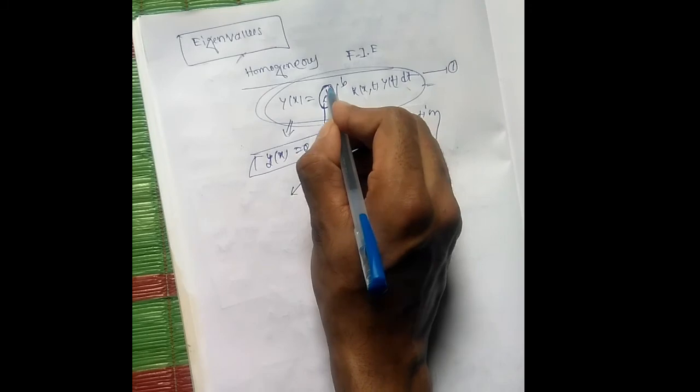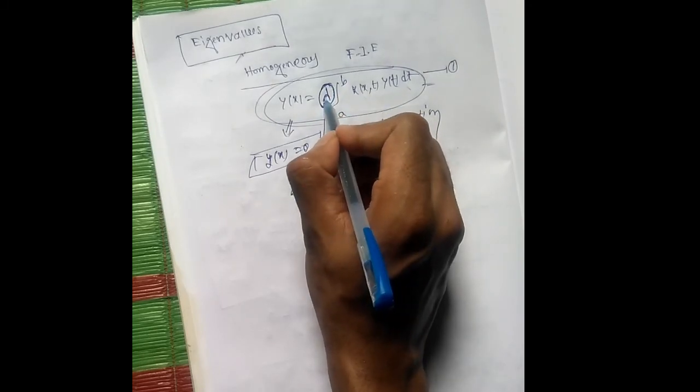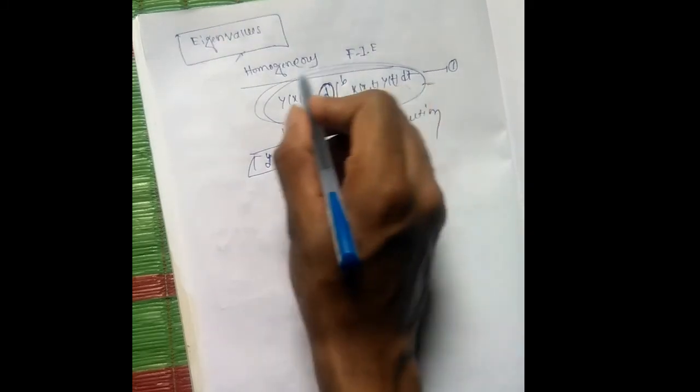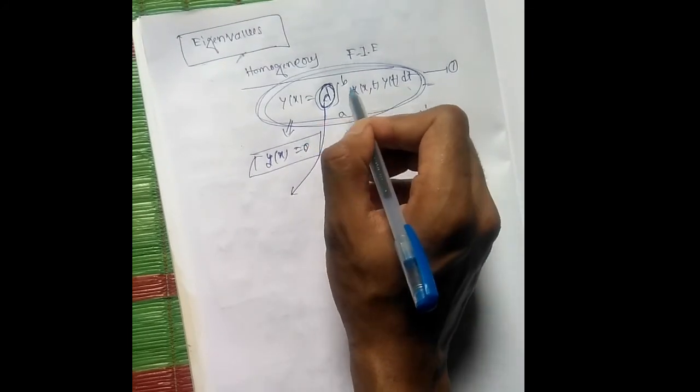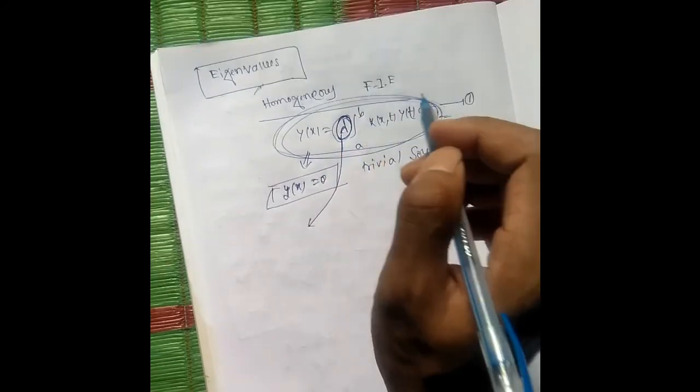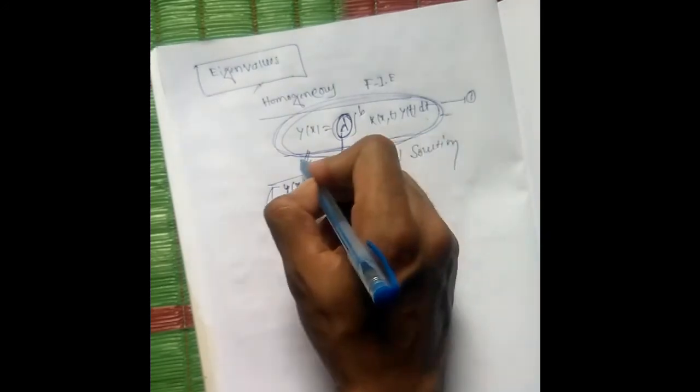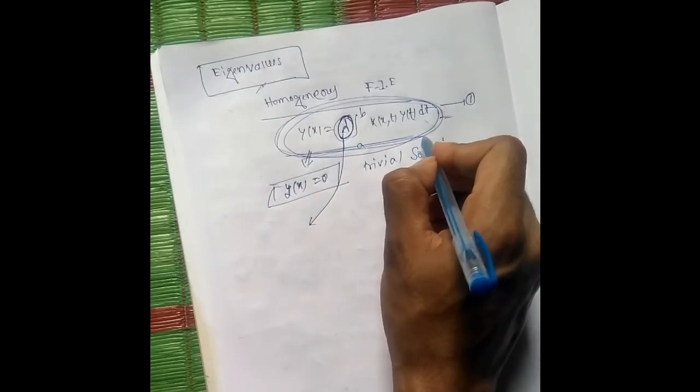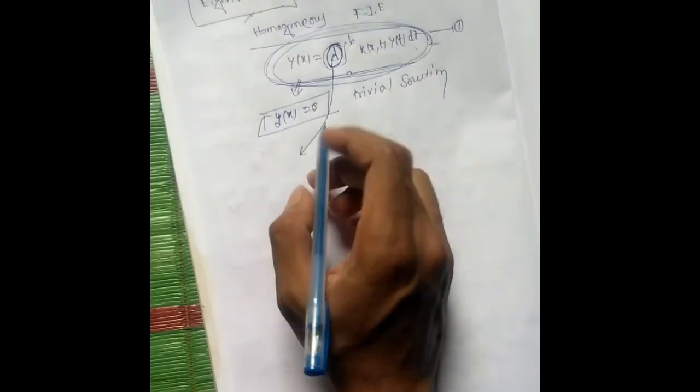That is, the values of the parameter λ for which this has a non-zero solution are called eigenvalues. And the corresponding solution of the integral equation is an eigenfunction.